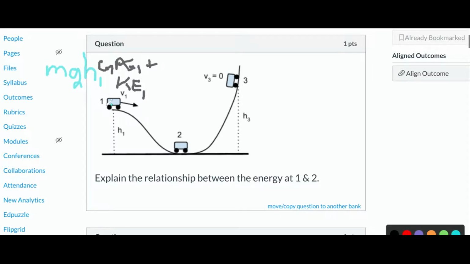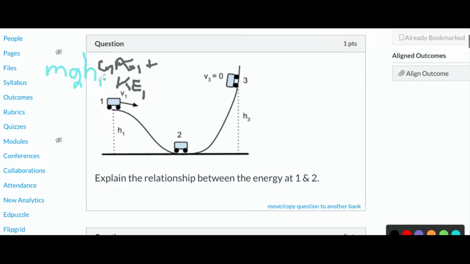If we were moving from Earth to Mars, we would need subscripts on these g's. But this cart is moving in the same gravitational field, so it just gets to have g. But h1 is different from h2, which is 0, and it's different from h3.